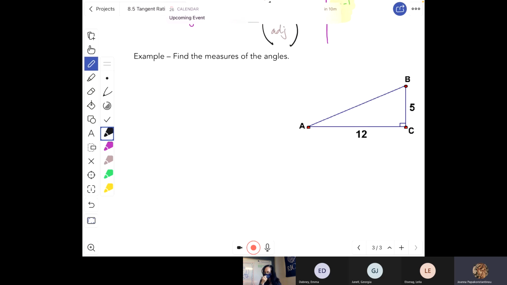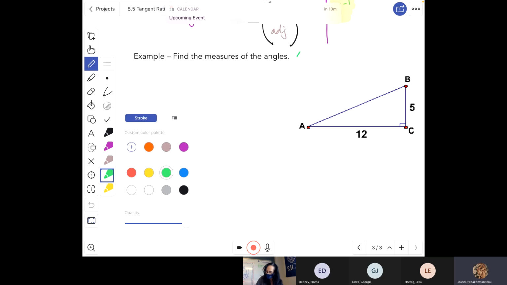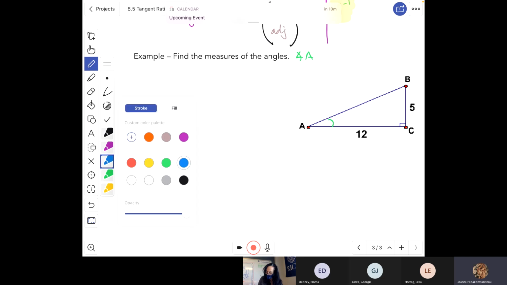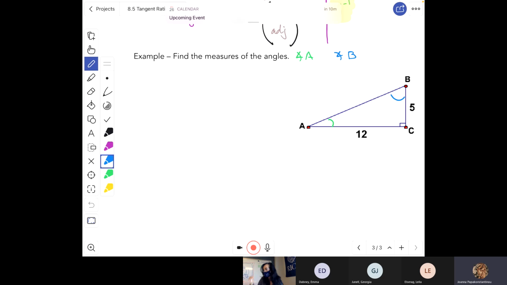We are looking for the measure of angle. Let's say the two angles we're looking at are angle A and angle B. We want to know what angle A is, and we want to know the measure of angle B. So we're going to do two separate problems.